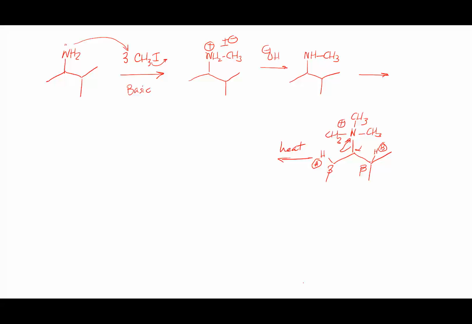Wait, how did you know that? Because I let the cat out of the bag by saying it was Hofmann elimination and we were going to get the least substituted product. Yes, exactly. Now you may say, well, why are you going to get the least substituted product?